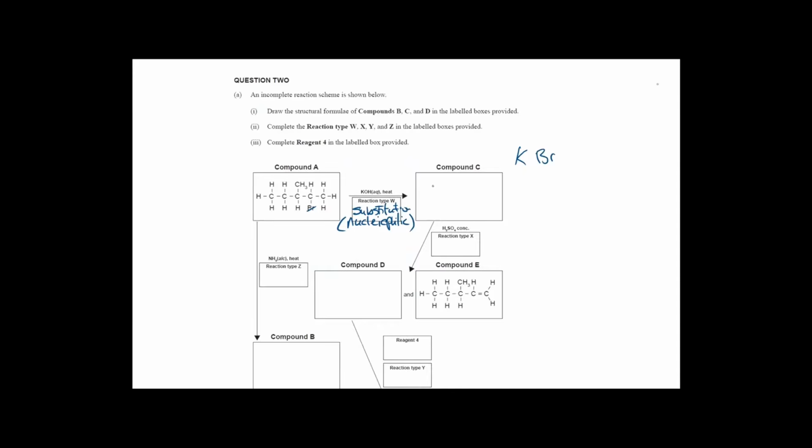Yes, we are. So we're going to get C, C, C, and they haven't given us enough room. C, C, C, C, C. And this other C is up here, and this one here now is going to be OH.